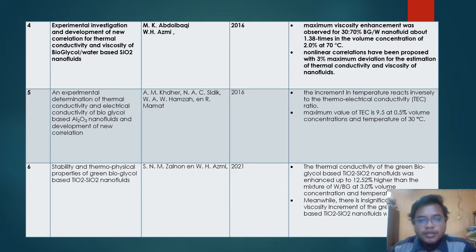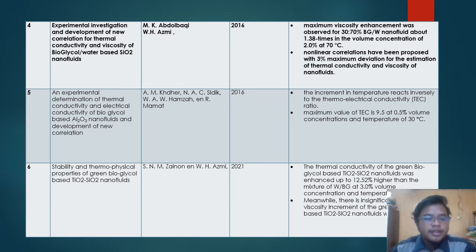The findings show that the increment in temperature reacts inversely to the thermoelectrical conductivity ratio. Maximum value of TEC is 9.5% at 0.5% volume concentration and temperature at 30 degrees Celsius.